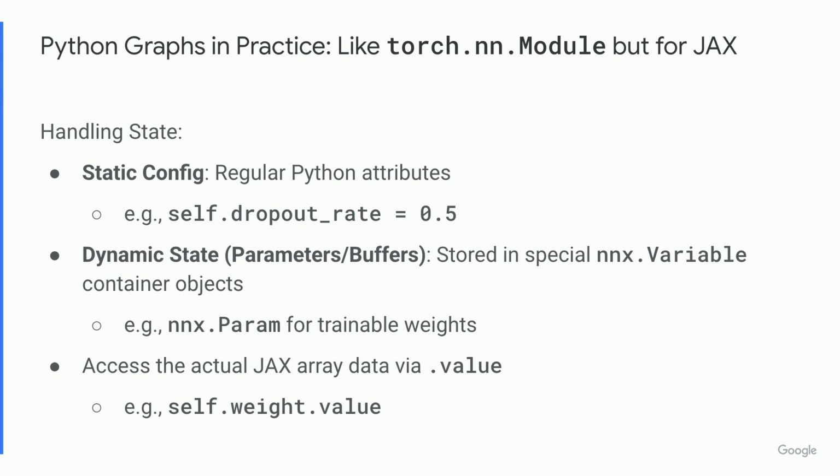The dynamic state, things that change or are learned like weights and parameters or batch norm statistics or buffers, are held within special container objects, primarily nnx.Variable and its subclasses. So nnx.Param, for example. And these are trainable parameters. Think of nnx.Param as analogous to torch.nn.Parameter. You access the underlying JAX array using the .value attribute.